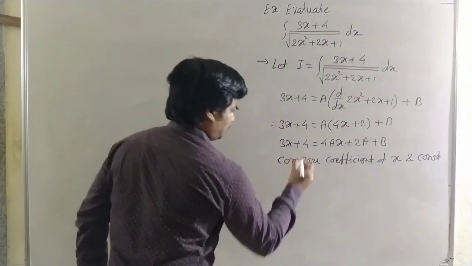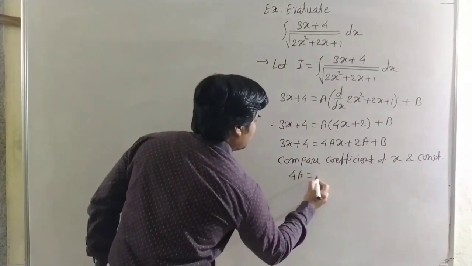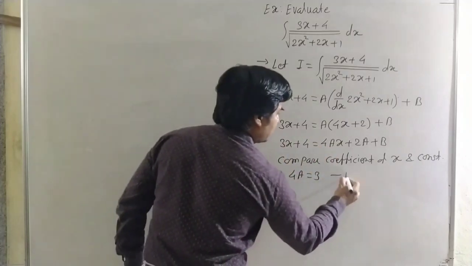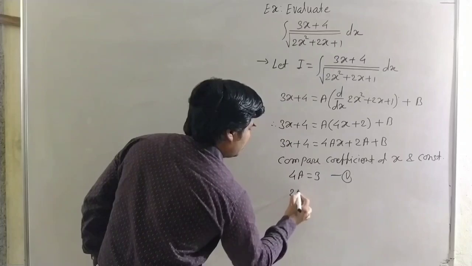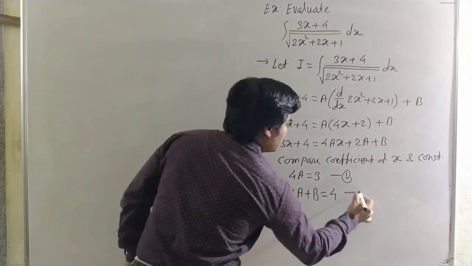Okay, we get 4a is equal to 3. See carefully, 4a is equal to 3, it is the coefficient of x, equation number 1, and the constant 2a plus b is equal to 4, it is equation number 2.